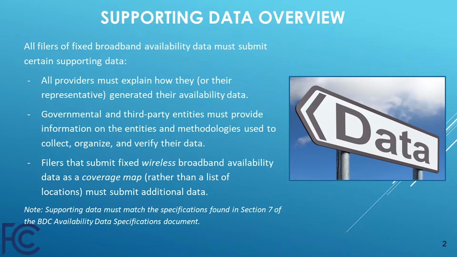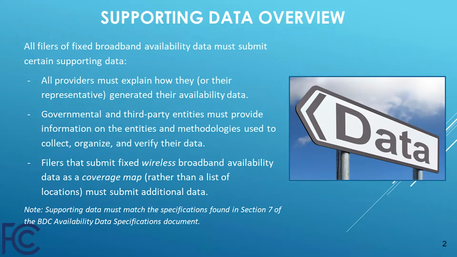Governmental and third-party entities that choose to submit verified availability data must provide information on the identity of the entity that gathered and/or analyzed the submitted broadband availability data, for example, a contracted engineering firm, as well as an explanation of the methodologies the entity used to gather, organize, and verify their data.